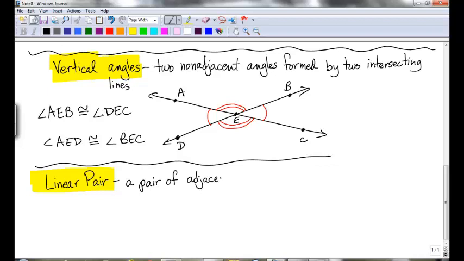These are adjacent. A pair of adjacent angles whose non-common sides are opposite rays.